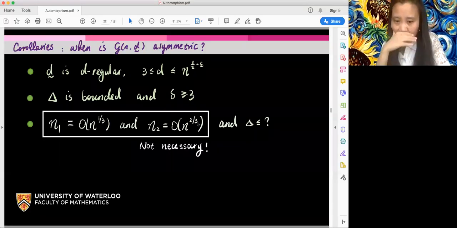So what we found is that this constraint is sufficient but not necessary. In other words, it doesn't really capture the phase transition of graph symmetry. So we try to improve this constraint.